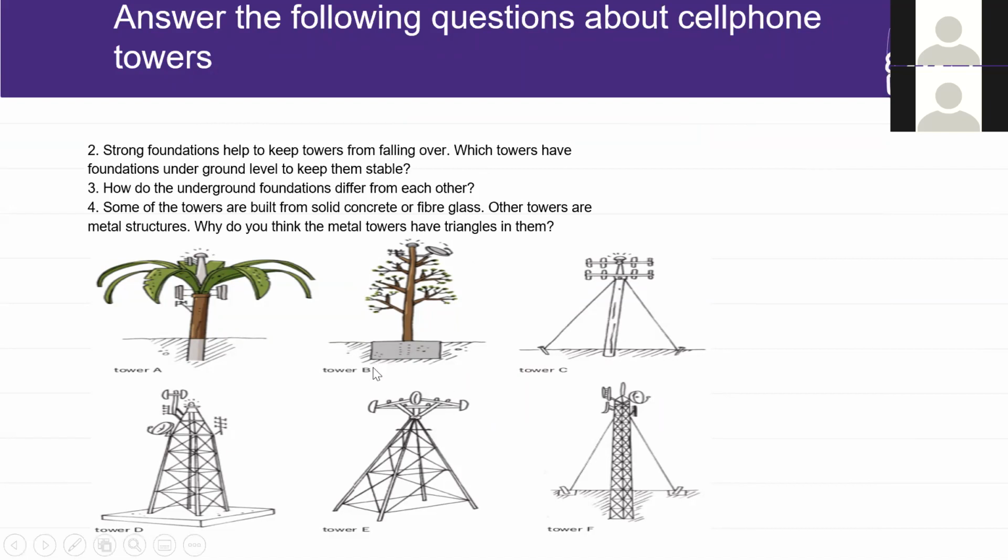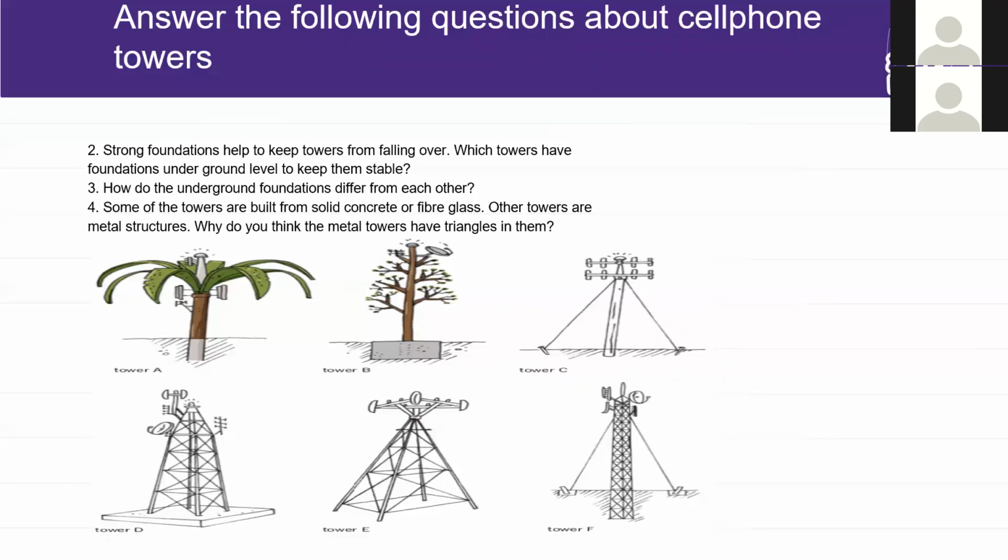There is a foundation on B. Okay, you see a foundation on B. And there is one on A. How do these foundations differ? Under the ground.